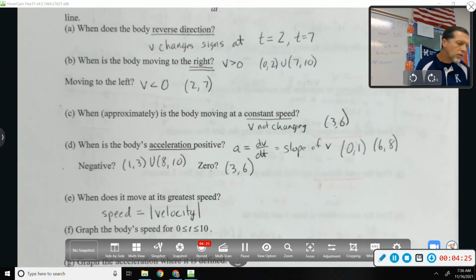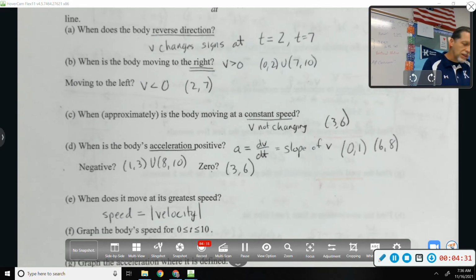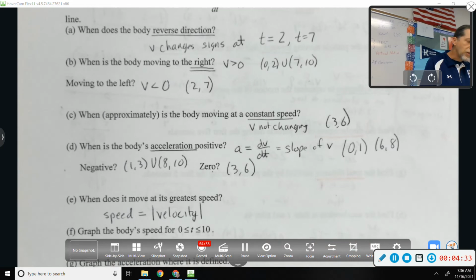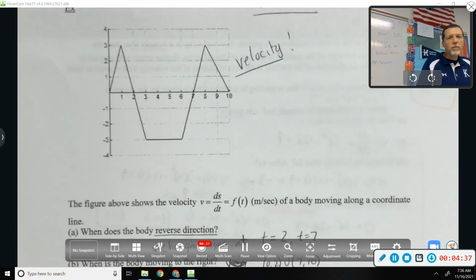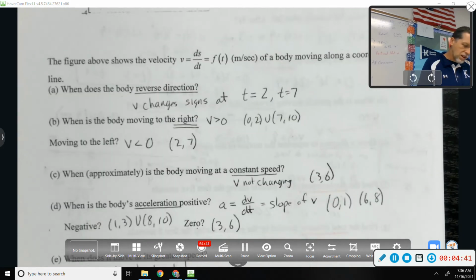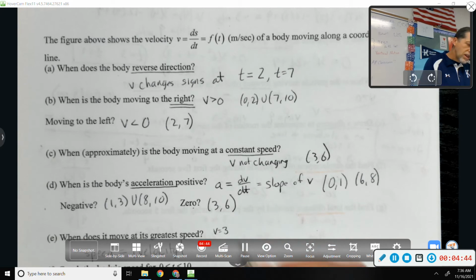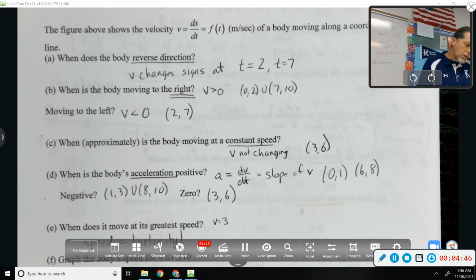So when is it moving at its greatest speed? Oh, there's lots of places. Well, what is its greatest speed? Maybe that would be the first question. What's its greatest speed? 3. So its greatest speed is 3.